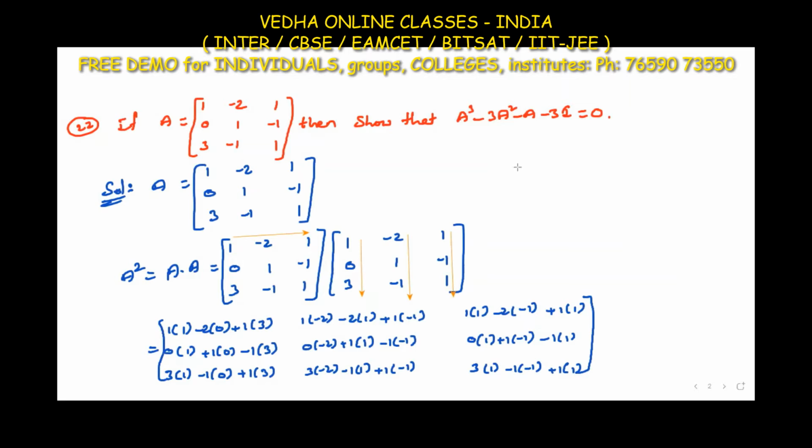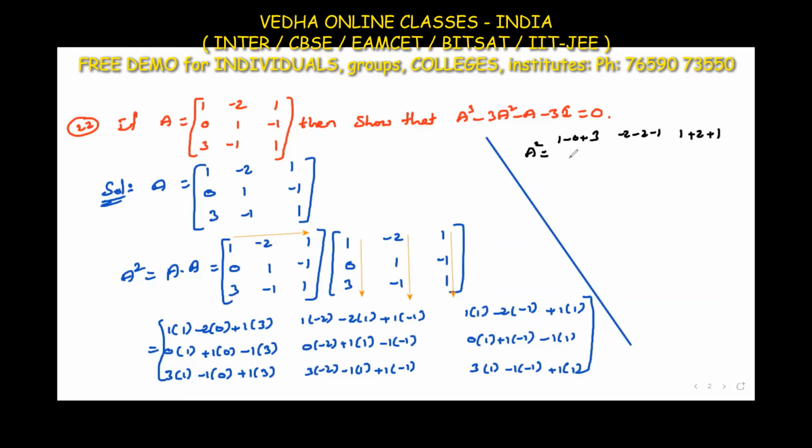Okay, so here what we get is just the A square value. Here 1 minus 0 plus 3, then -2 -2 -1, and here 1 and minus plus 2 and plus 1.